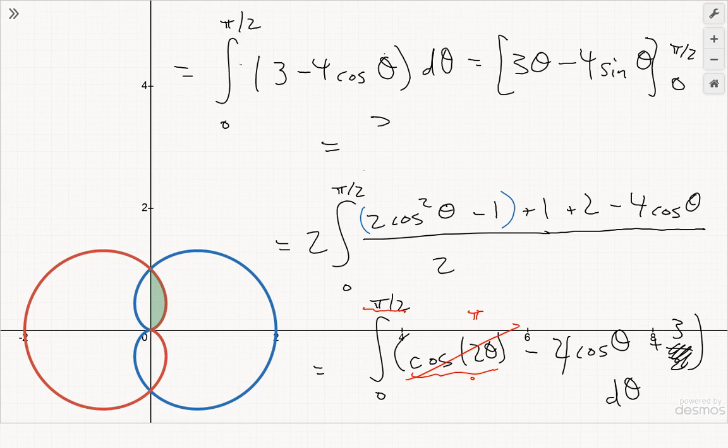And so that will be 3 pi over 2 minus 4 times sine of pi over 2, and the values at 0 don't contribute. So the area of the original region, all 4 of them, is 3 pi over 2 minus 4.